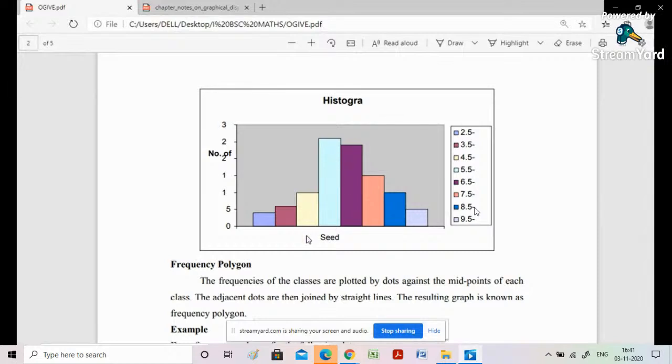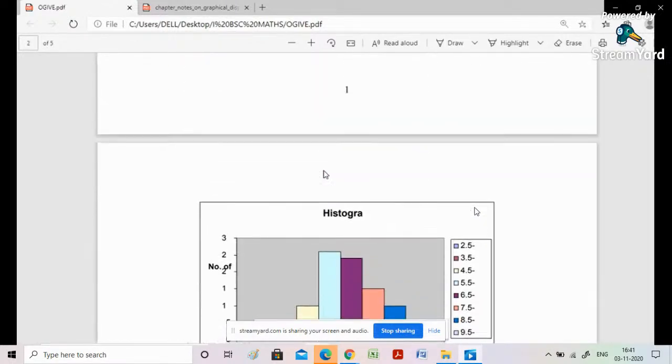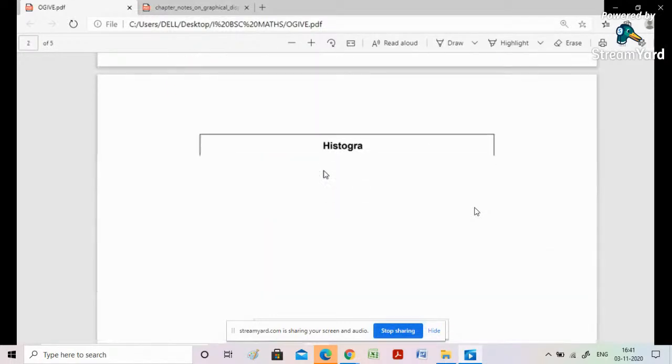What is the specialty of this diagram? We can conclude that this region has the highest frequency, 5.5 to 6.5. So at a glance, we can assume that the number of plants providing the highest yield is 26, and the range of the yield is 5.5 to 6.5.